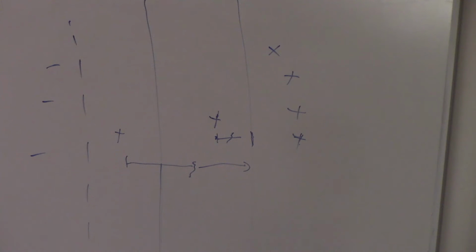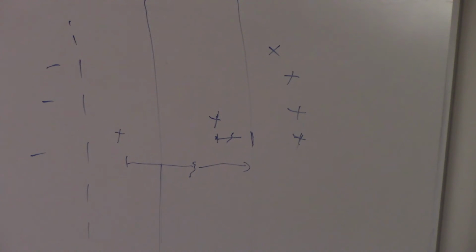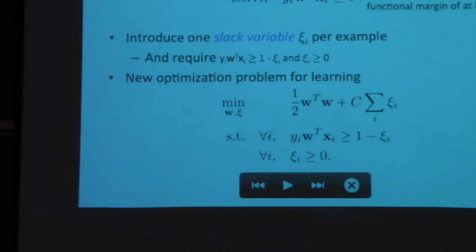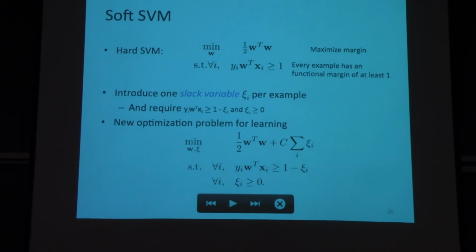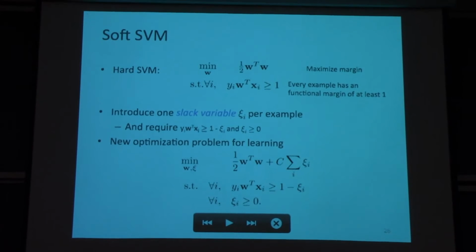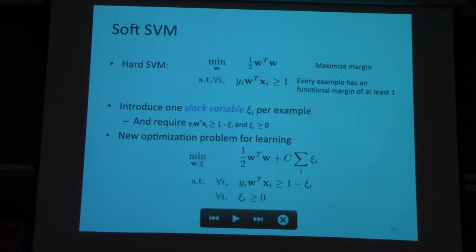We want to find both things. In between these two terms, there is a constant C. This C can be any positive number. The purpose of that constant is trading off the relative importance between the two terms.